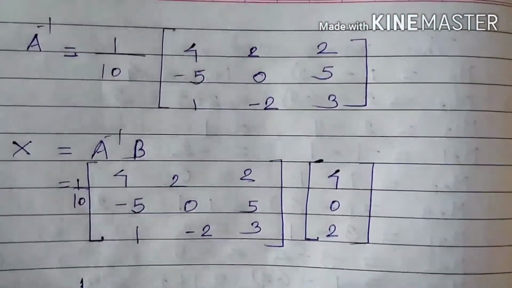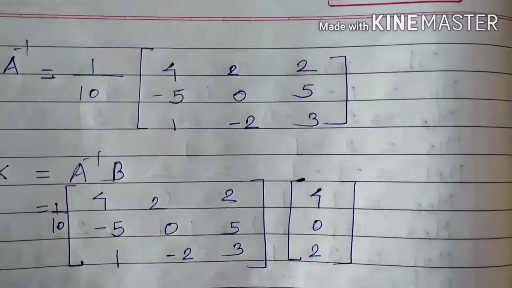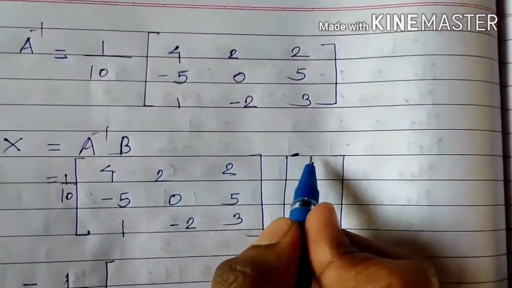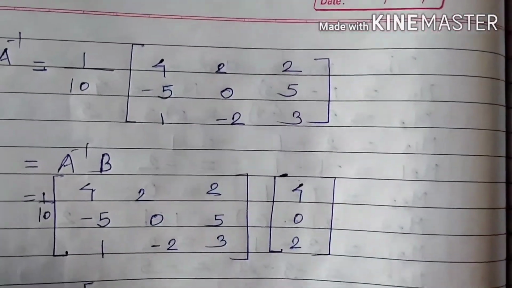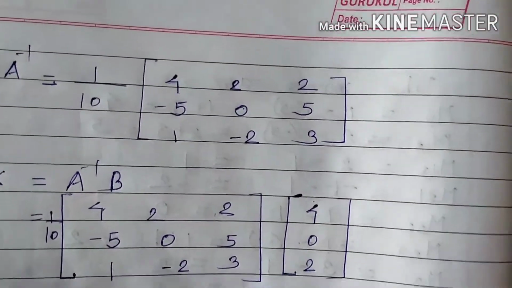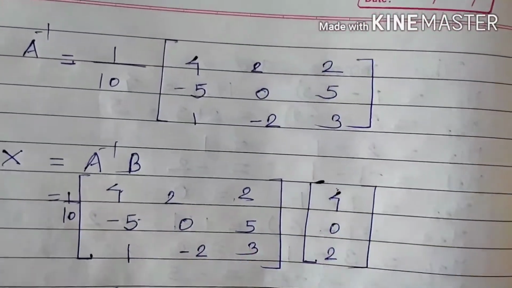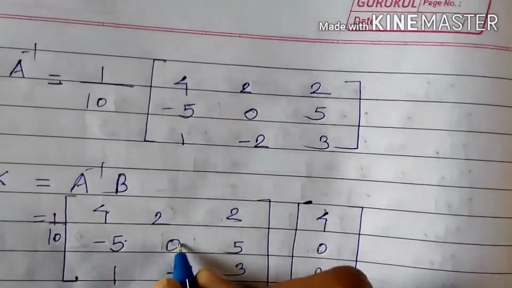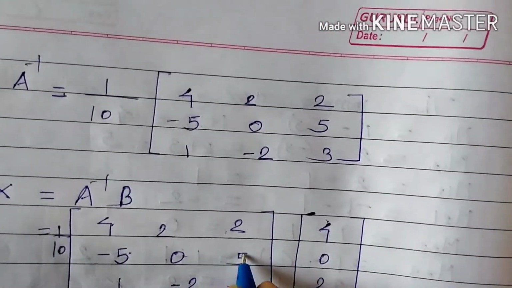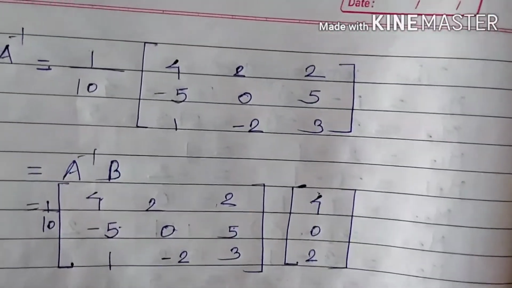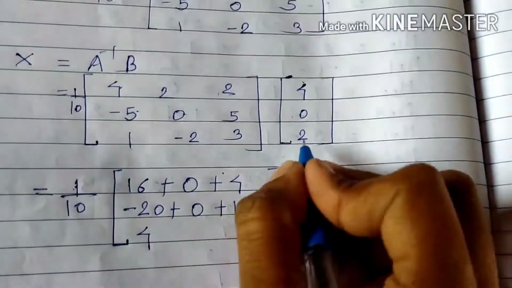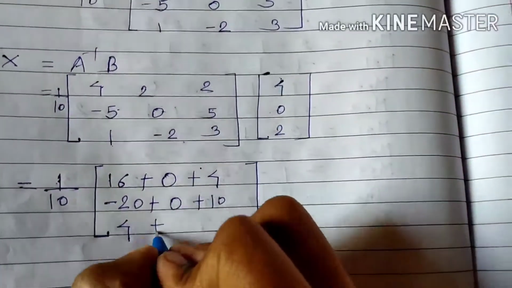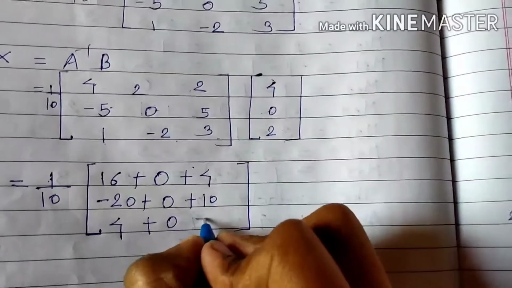So keep 1 by 10 as it is and multiplying this, 4 into 4 16 plus 2 into 0 0 plus 2 into 2 4. Next, minus 5 into 4 minus 20 plus 0 into 0 0, and last 5 into 2 10. Next, 1 into 4 plus 4 minus 2 into 0 0, and 3 into 2 6.